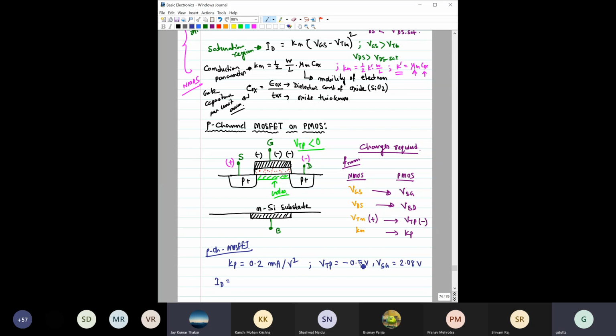First thing is whether the transistor is operating in saturation or in the triode region. Sir, saturation. So you can also say VSD should be greater than VSD sat, right?